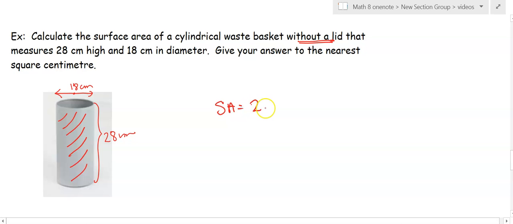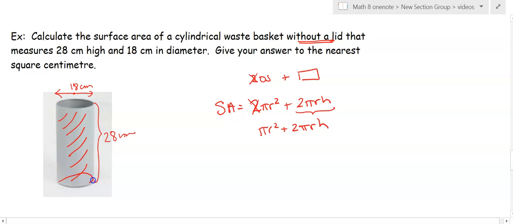So I know my formula for an entire cylinder is 2 pi r squared, in other words, 2 circles, plus 2 pi r h, a rectangle, 1 rectangle. Well, in this one, we still have the rectangle, so nothing changes here. We still need the 2 pi r h. But since we only have 1 circle, we're going to get rid of the 2 part on there. So we're going to change this to 1 circle plus the rectangle.